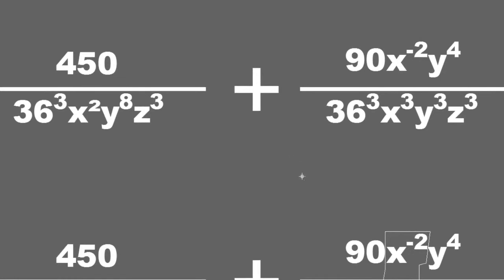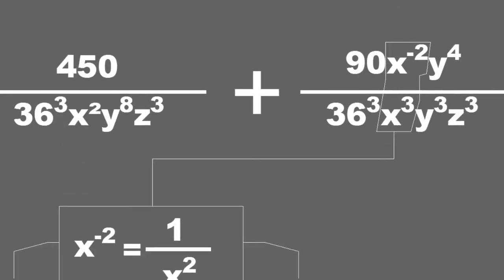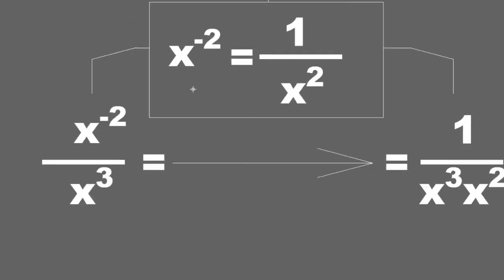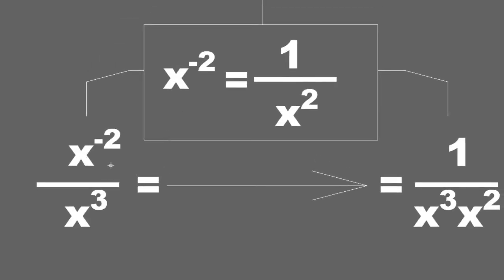Next thing I'm going to do is the same thing on the other side. On the right side, I'm going to work with this pair of x's. The same thing happens here. The x on the numerator is -2. The x on the denominator is 3. I mean, the exponent of that x is 3, it's cubed. So x with an exponent of -2 becomes 1 divided by x squared with the 2 positive.